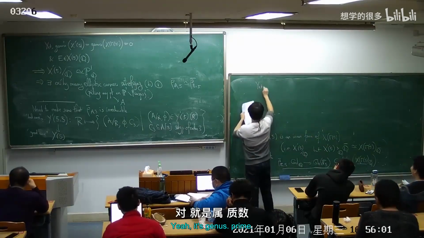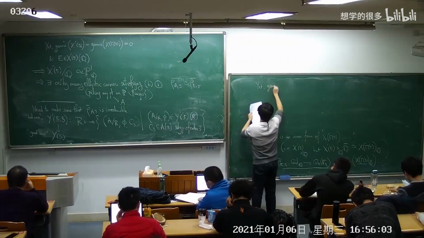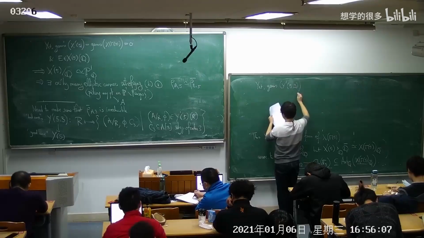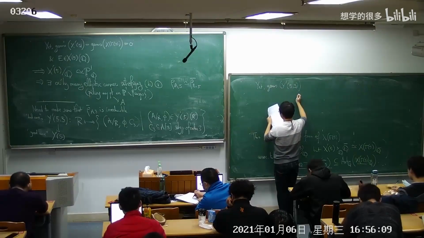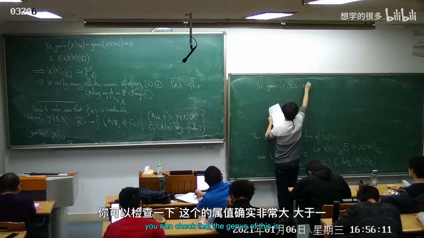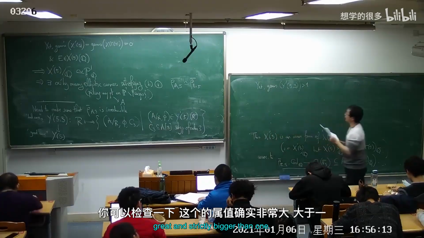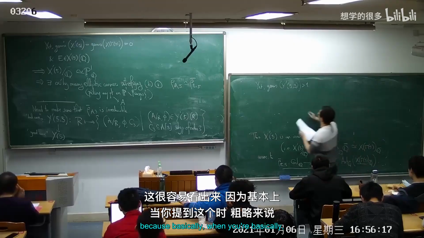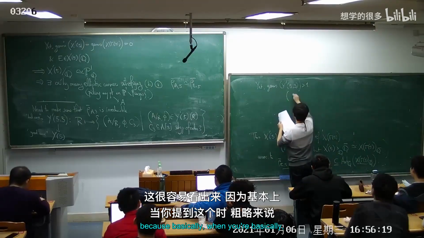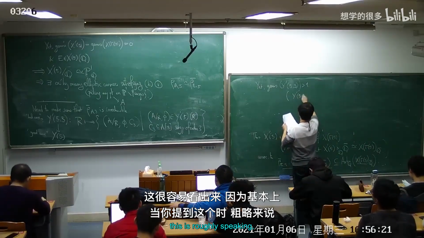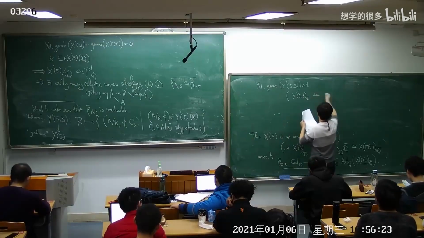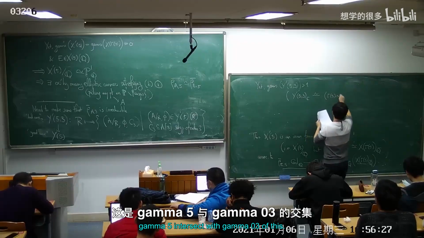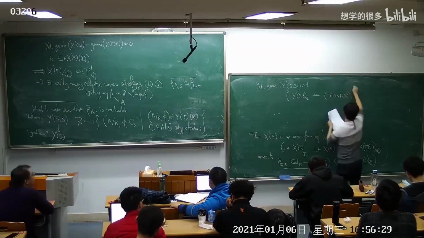You can check that the genus of this Y prime is strictly bigger than 1. You can easily see that because when you base change to C, this is roughly speaking gamma 5 intersect with gamma naught 3 of this.